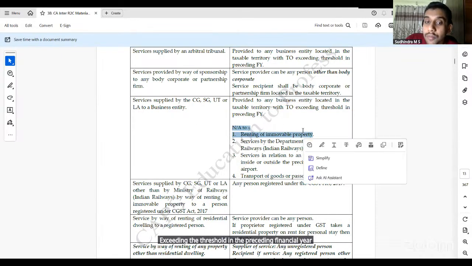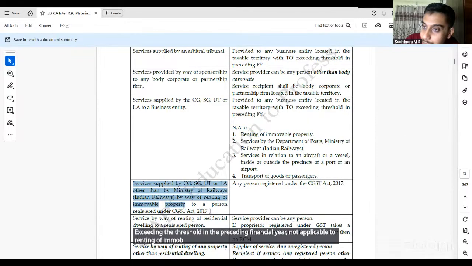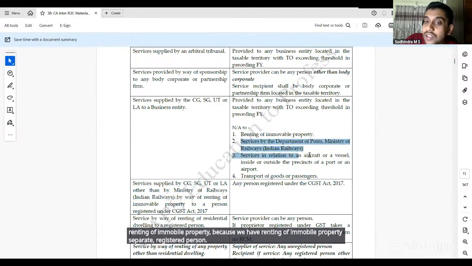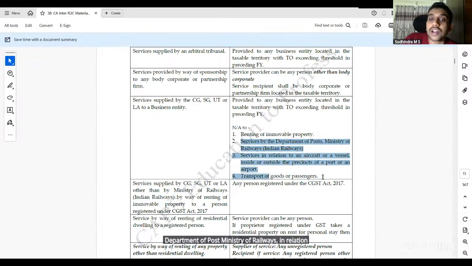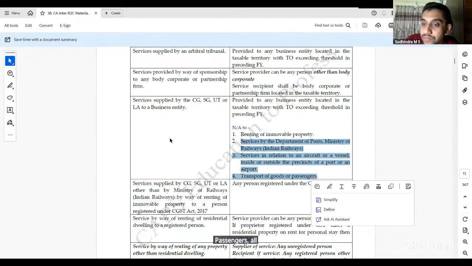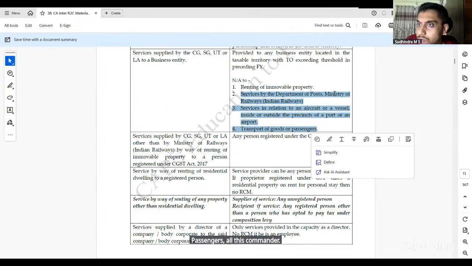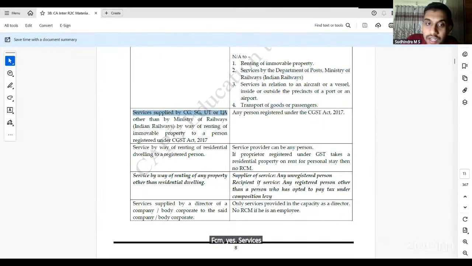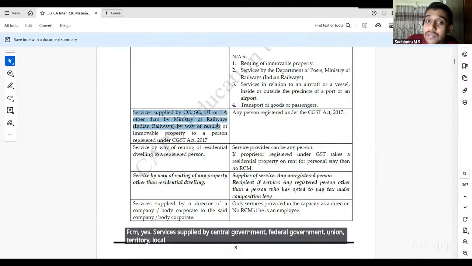Not applicable to renting of immovable property, because we have renting of immovable property separate, registered person, Department of Post, Ministry of Railways in relation to aircraft or a vessel, transport of goods or passengers. All these come under FCM.